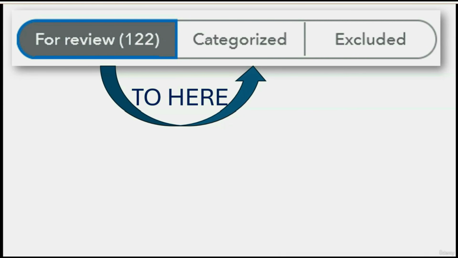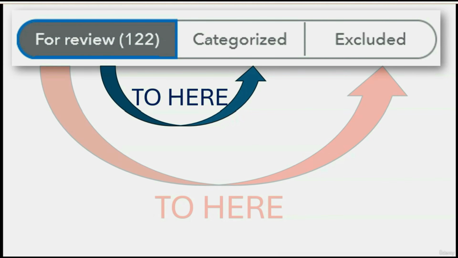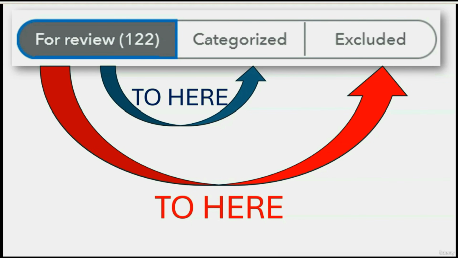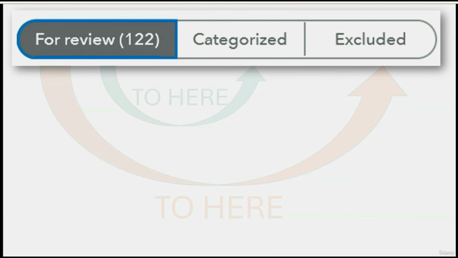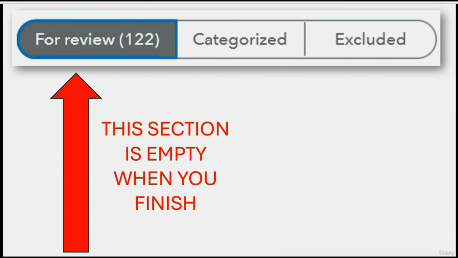But if you reject a transaction completely because you see that something that was downloaded from the bank was not a legitimate transaction, then you will exclude it and it will disappear from the section of For Review and reappear under the section of Excluded. That means that all the transactions will ultimately go into either of these two tabs, and when you finish, the section of For Review should be completely empty.